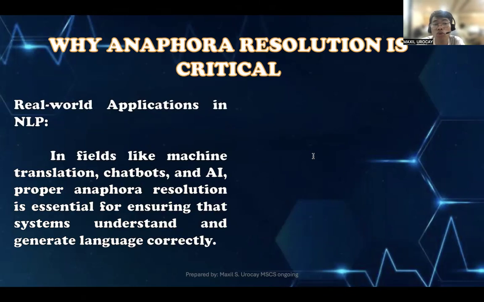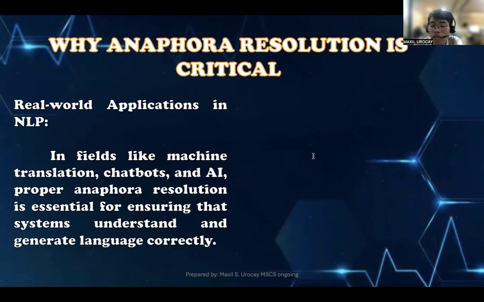Some of the applications in NLP, real-world applications: in fields like machine translation, creating chatbots, and AI, proper anaphora resolution is really essential for ensuring that systems understand and generate language clearly.